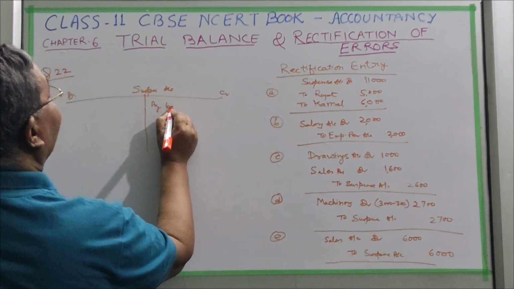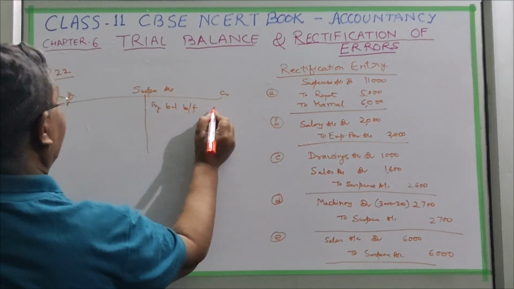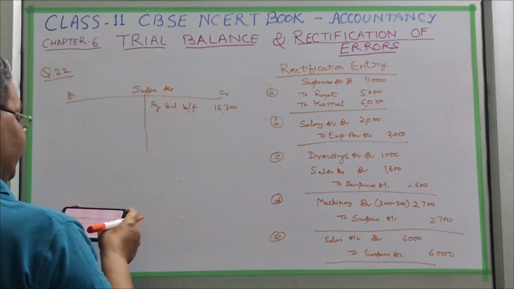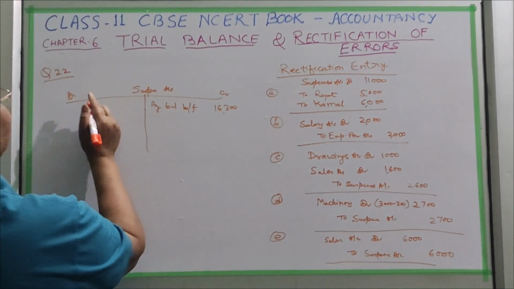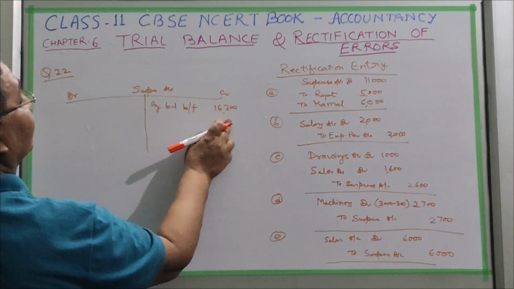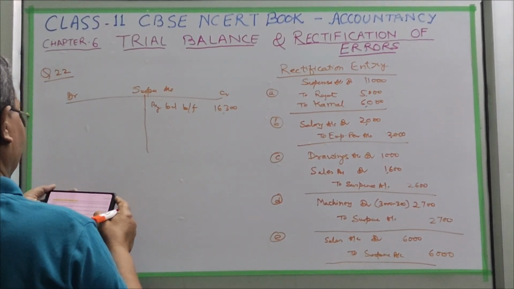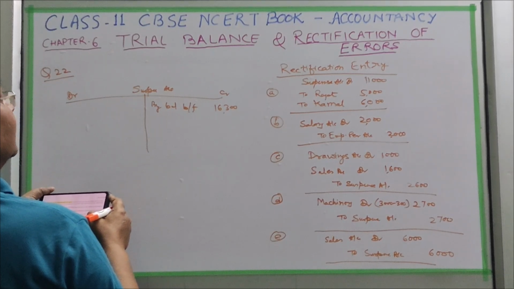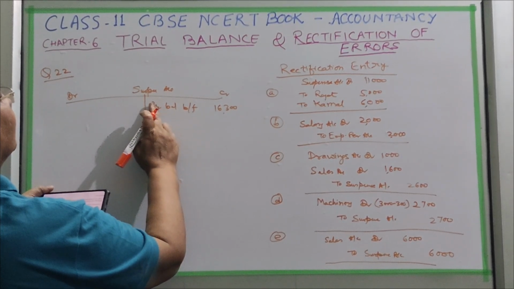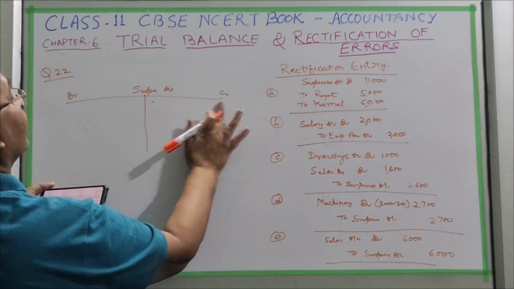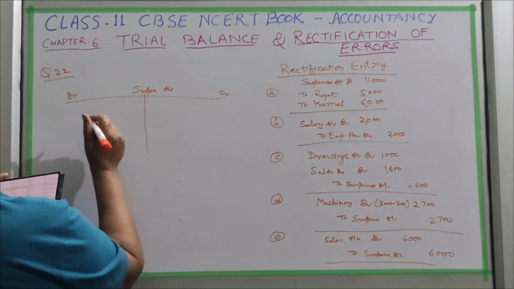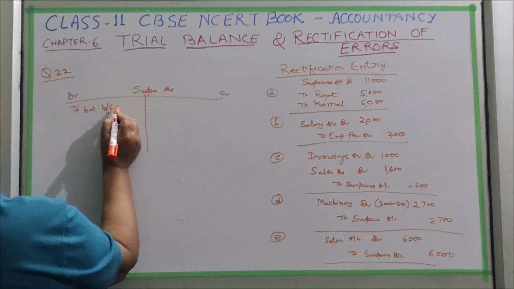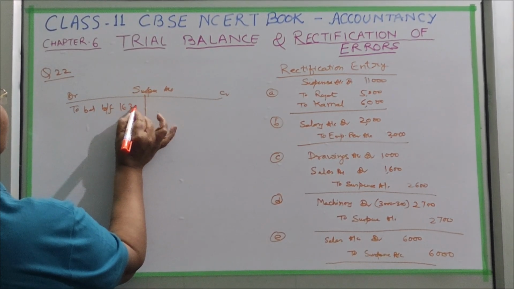By balance brought forward 16,300. Excess shows excess of debit side, that's why the balance will come to the credit side. Trial balance excess of debit side, so to balance brought forward 16,000.